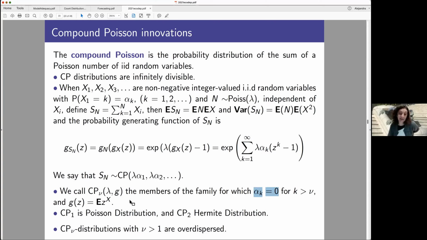And in this sense, the Poisson distribution is compound Poisson 1. Except for compound Poisson 1, all other compound Poisson distributions with nu bigger than 1 are over-dispersed, meaning that the variance is bigger than the expectation.